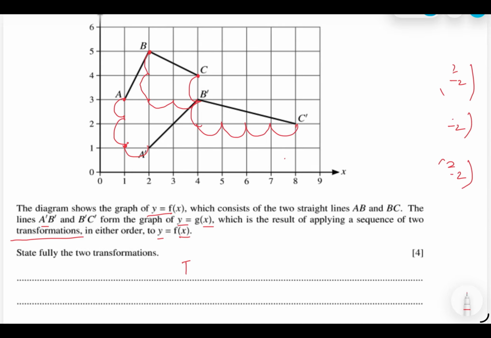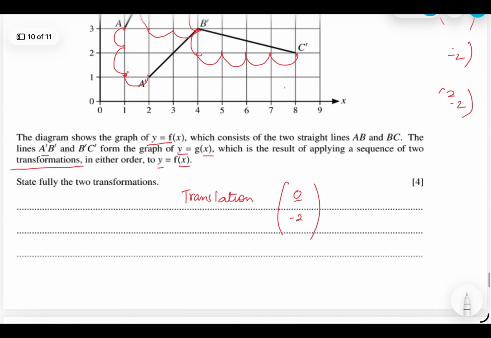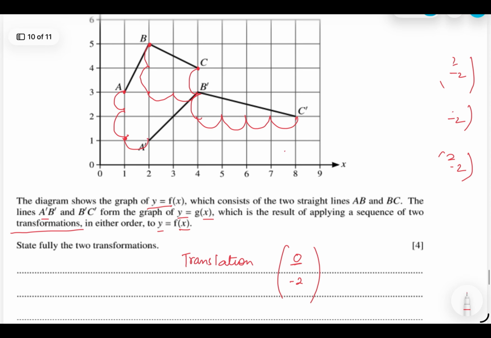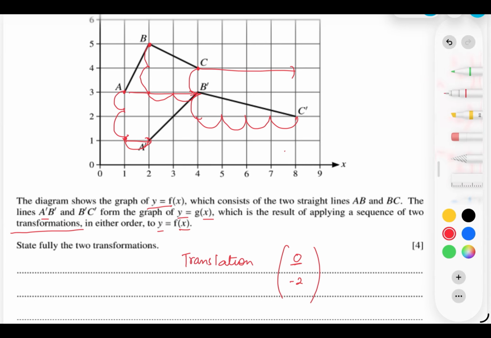So I will write, there is a translation. Okay, translation is -2 vertically but 0 horizontally. If it is 0 horizontally, then how can you justify this movement, and this movement? Yes, we can justify it. Wait and watch.